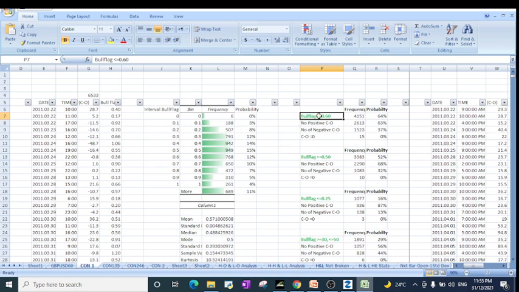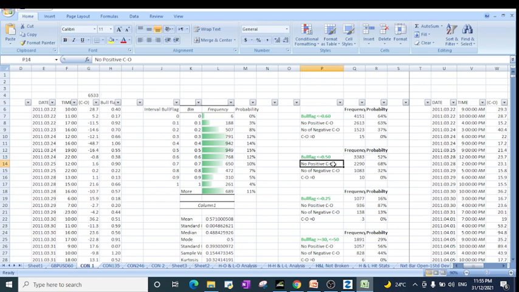So here, when we have a retracement that is less than or equal to 60%, it happens about 64% of the time. Number of positive closes, 63%. Number of negative closes, 37%. If we have a retracement that is less than 50%, it happens about half the time.